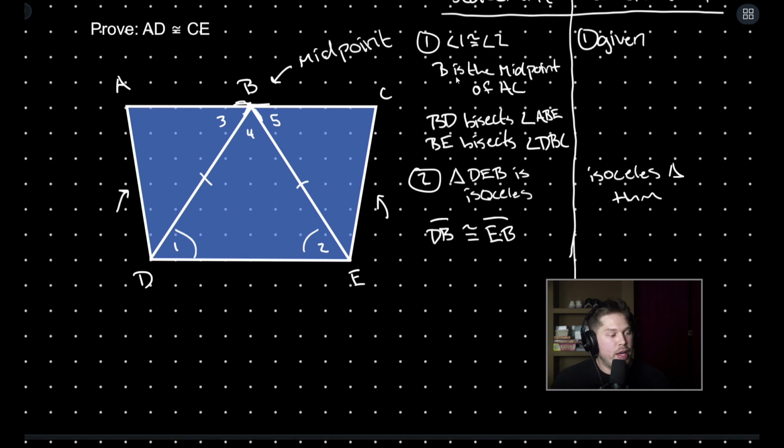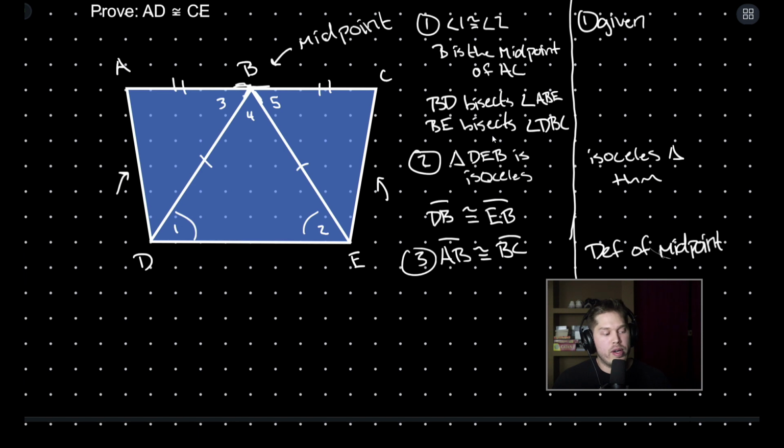What else are we told from the given? We're told that B is the midpoint of AC. Well, what does that mean? That means that AB is congruent to BC, and that's by the definition of midpoint. These two sides are the same.